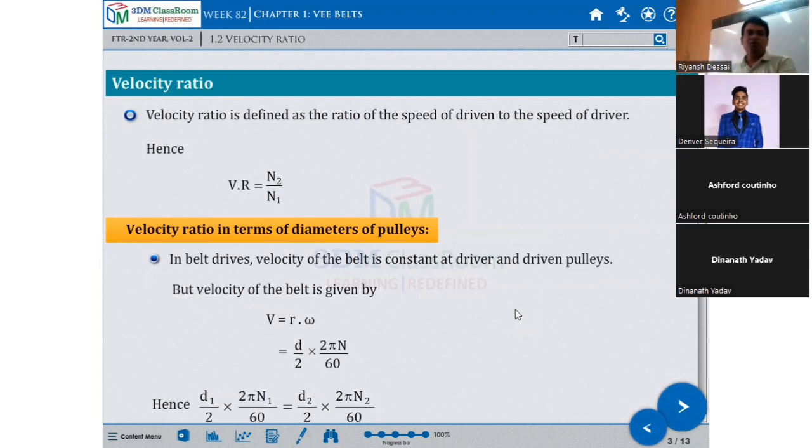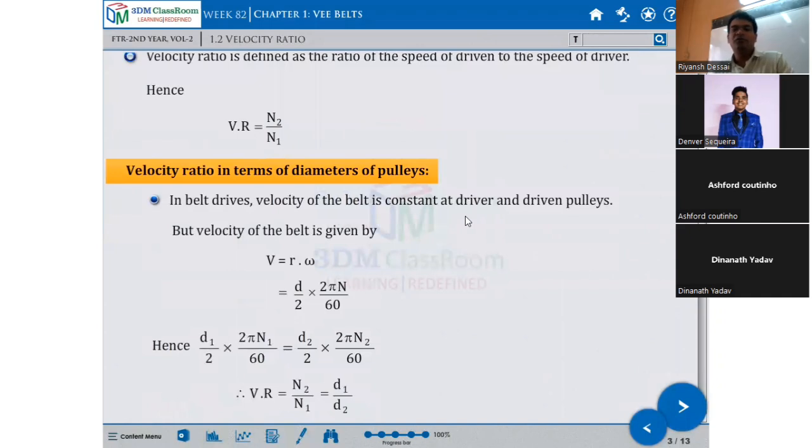The velocity ratio in terms of diameter of pulley is required to be calculated.